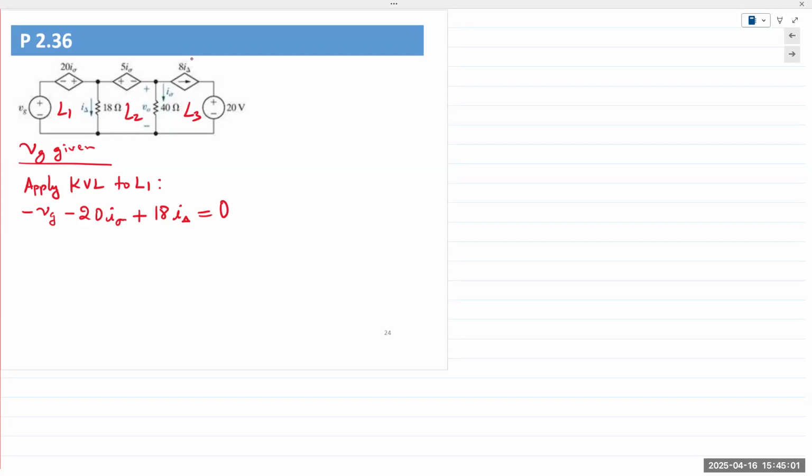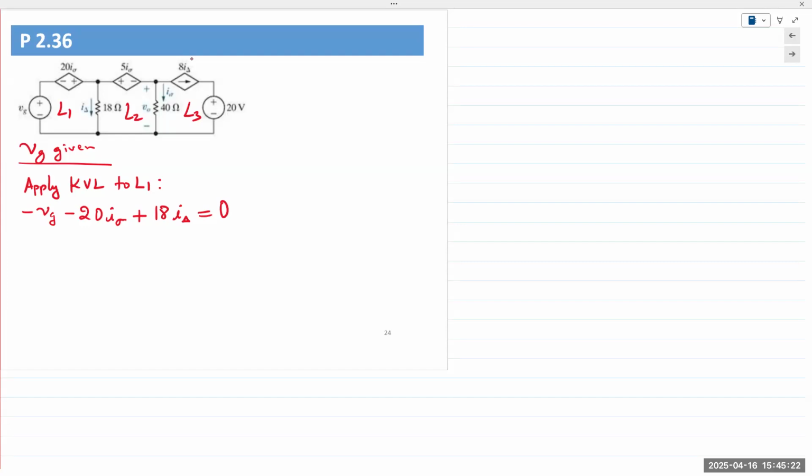So if you have two unknowns, we can either try and reduce them to one unknown variable, or we write another equation that has two unknowns and solve those simultaneous equations. Okay. So one of the ways we can do that, again, is the technique that we used in the previous one. We find a relationship between the two currents.